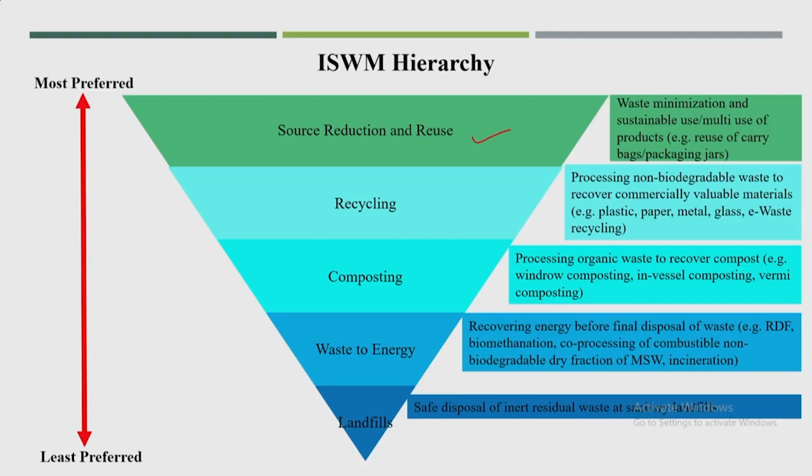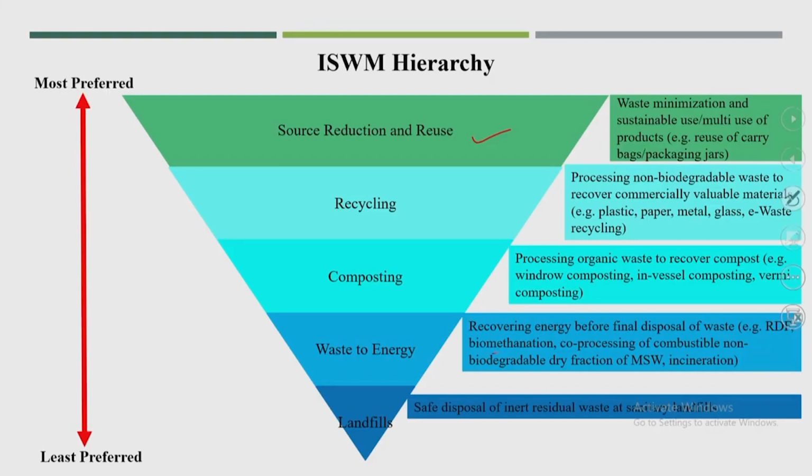maybe composting or a biogas facility, anaerobic digestion facility also you can think about, and then finally go for waste to energy, if possible. By waste to energy we can get some kind of energy.